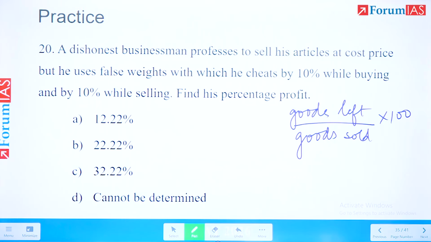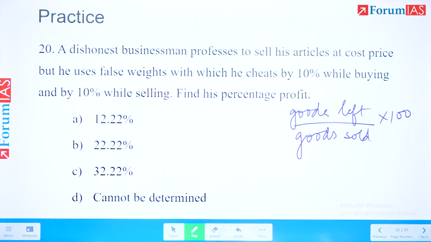Use this and try to solve it. See, the formula made it so easy.